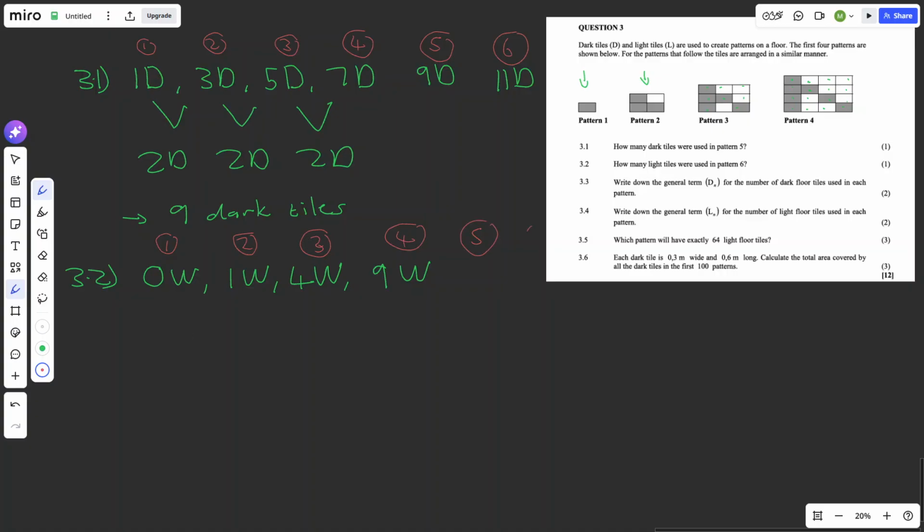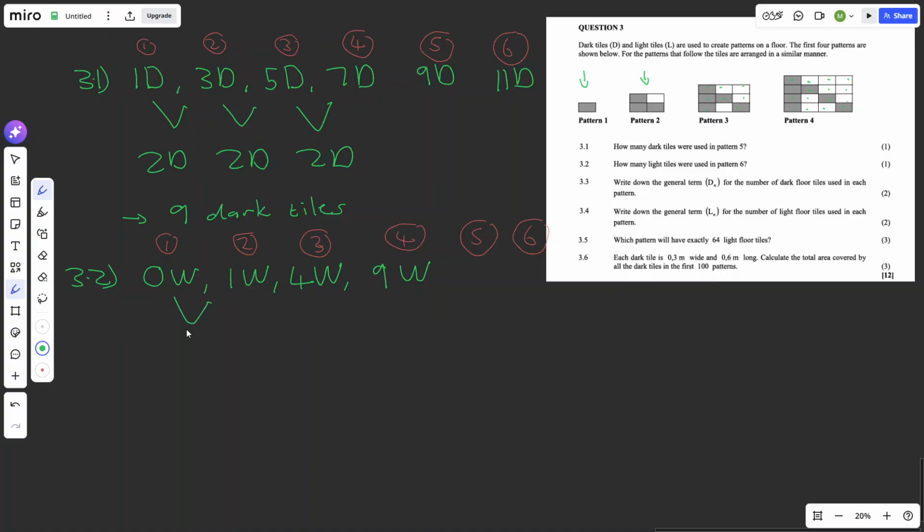So we'll have the 5th and 6th pattern. Now if we compare this number pattern to the previous one we were just working with, you'll notice that it's a bit different. Why?